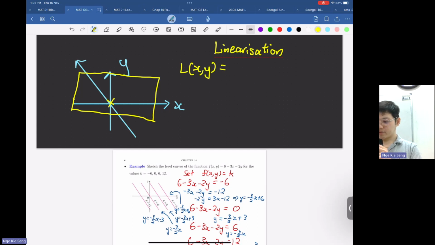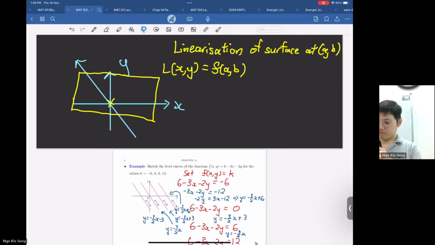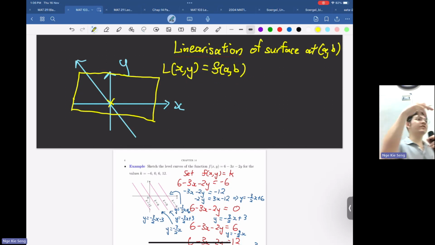L(x, y) equals f(a, b). So let's say this is a linearization of the surface at (a, b). f(a, b) plus what? In the first variable, you differentiate once.